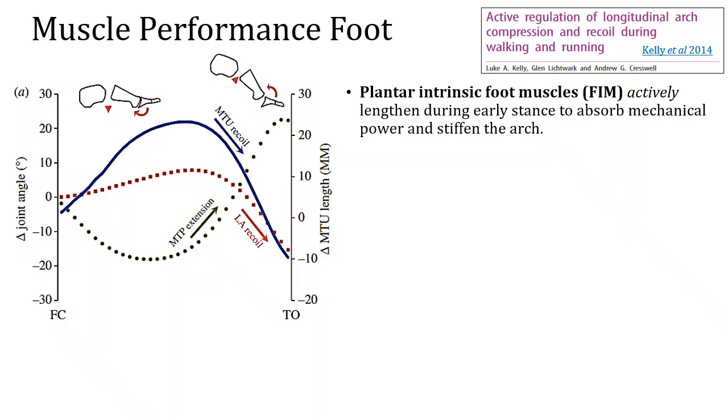So the muscle tendinous unit, as it goes into that big inverted U, is really where the muscles are being stretched, and then they're actively and elastically recoiling during the mid to later stages to allow for further push off and a more rigid lever that can translate force into the ground.